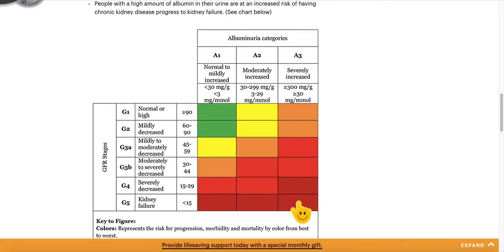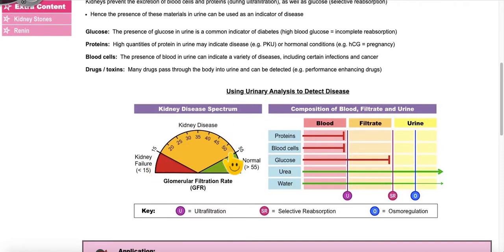So someone who has kidney failure has a severely advanced form of albuminuria, which means that they have a lot of albumin or protein in their urine, higher than 300 mg per gram. So going back to this chart, if you find protein in your urine, that's a sign that something is going wrong.